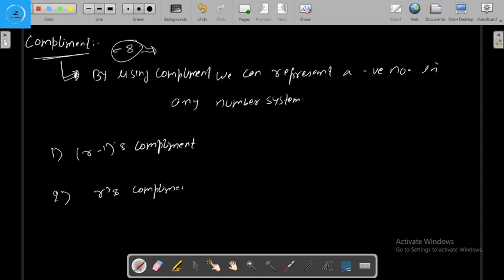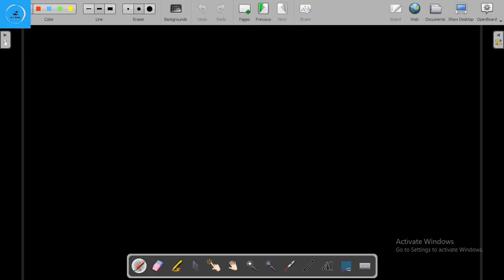One by one we are going to study these two, the r-1's complement and the r's complement. First we are going to learn about the r-1's complement.